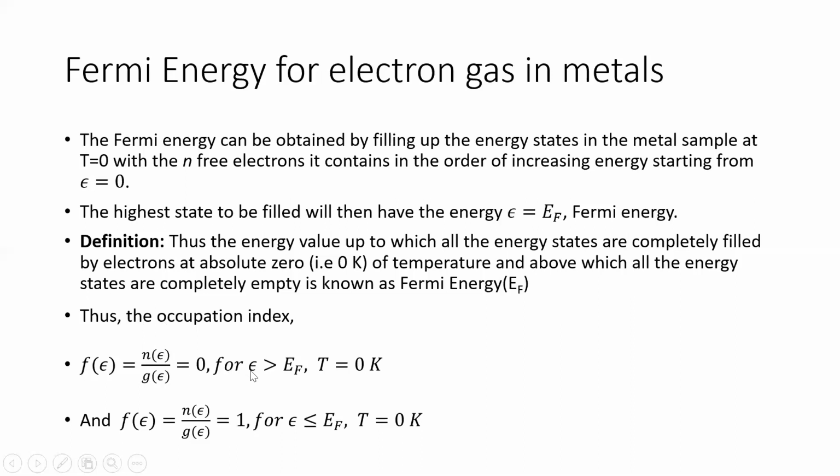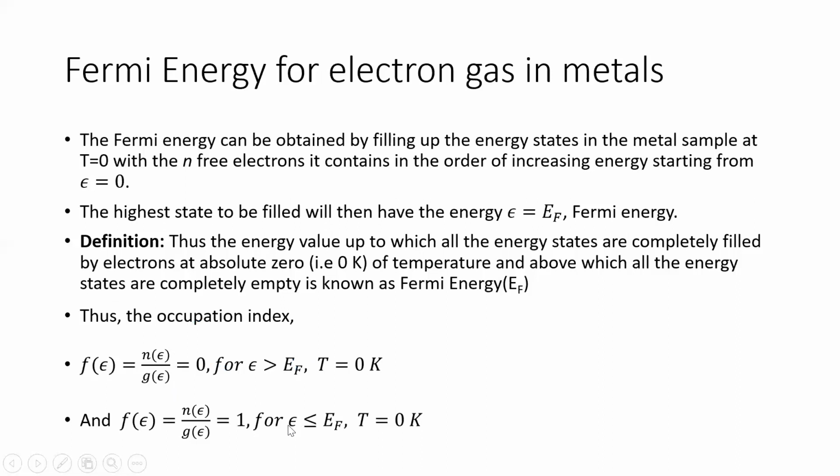So for E greater than EF, that means at absolute zero temperature, when energy is greater than the Fermi energy, we just now mentioned that the energy states will be empty. So N of E will be 0 when E is greater than EF. So we will get F of E is equal to 0. So the occupation index will be 0 when E is greater than the Fermi energy.